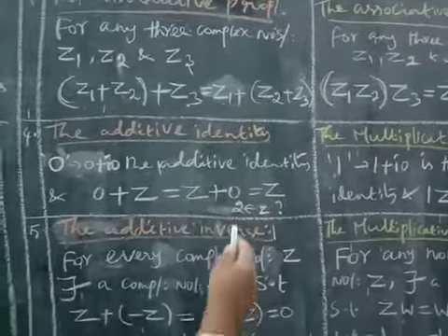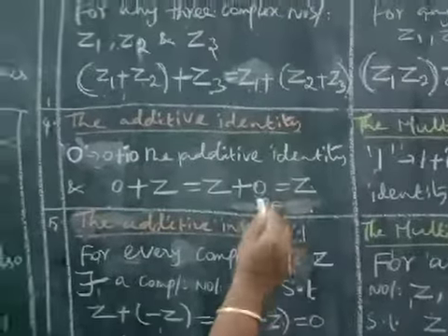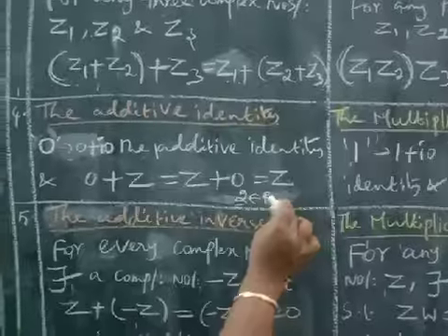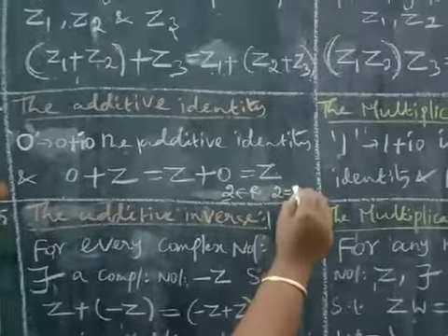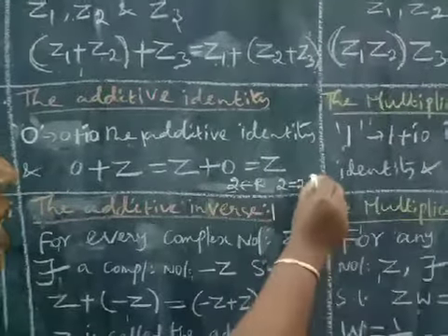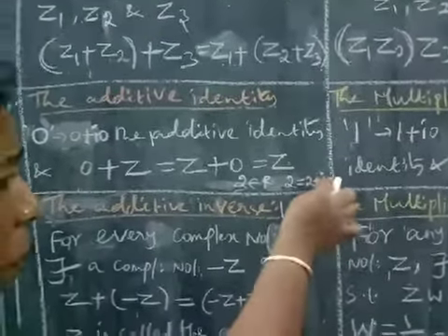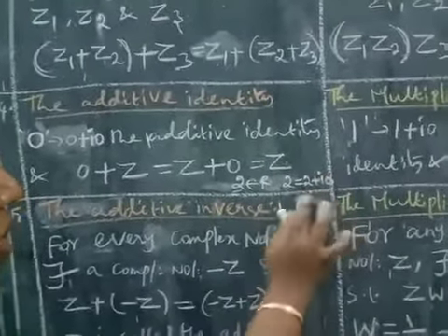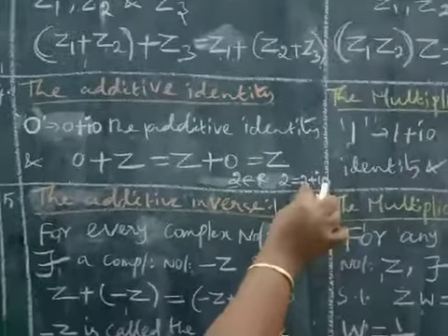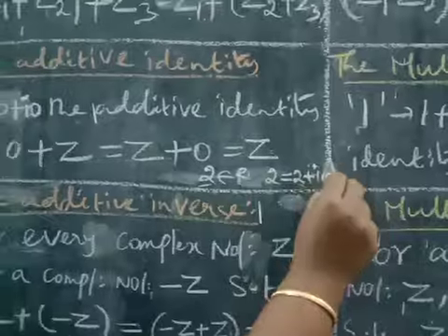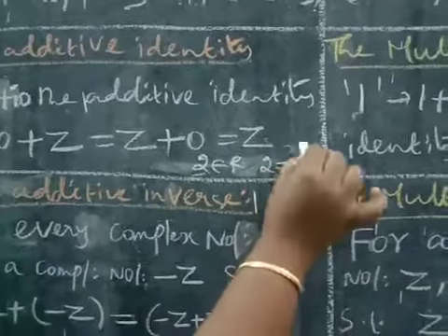Okay, let me explain. See, when we take simply 2, this is a real number. While this 2 can be written as 2 plus I0. 0 and anything is 0, and 0 plus anything gives the same number, isn't it? So now look at this. This is in the form of 2 plus I0, like x plus Iy.